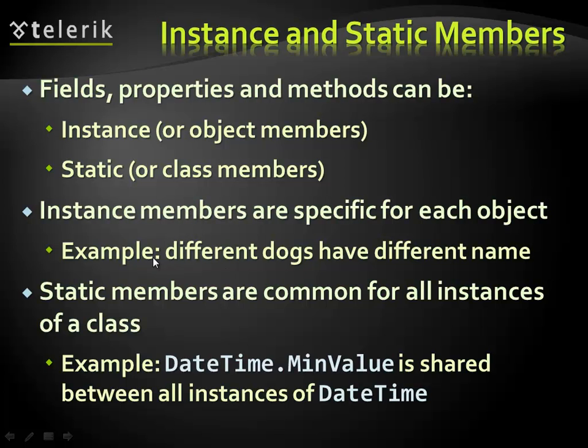For example, different dogs have different names. So that's specific for each one of the instances. But DateTime.MinValue is something which is for all DateTime objects. So we access it through the DateTime class. How are we declaring this? When we are building the class, there's a keyword called static.